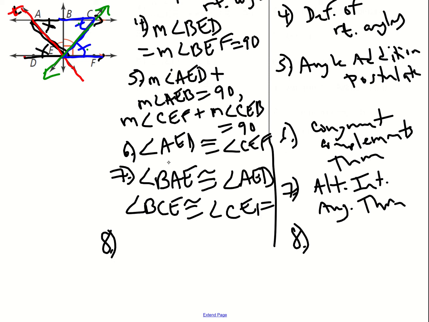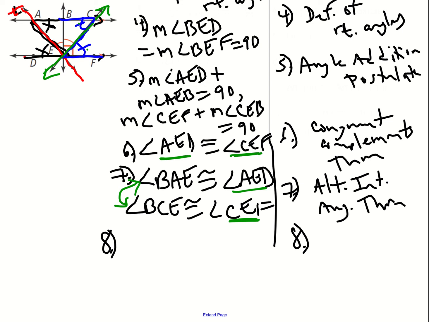But we know that AED is congruent to CEF by statement 6 right here. So these two are equal to each other, and so these two are equal to each other right here then. And that means that these two have to be congruent. And that's known as the transitive property, right? So we're using the transitive property of congruence in this case to show that they're the same.